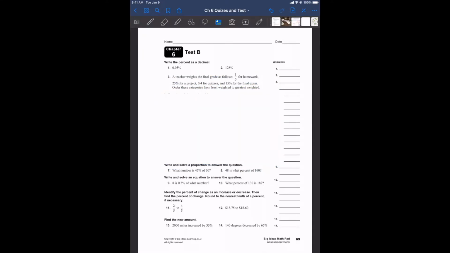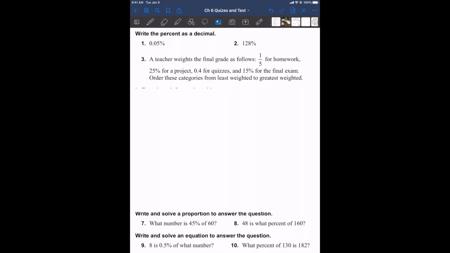Number 3. A teacher weights the final grade as follows. 1/5 is your homework grade. 25% is for a project, and you get 0.4 for your quizzes and 15% for your final exam. Order these categories from least to greatest.